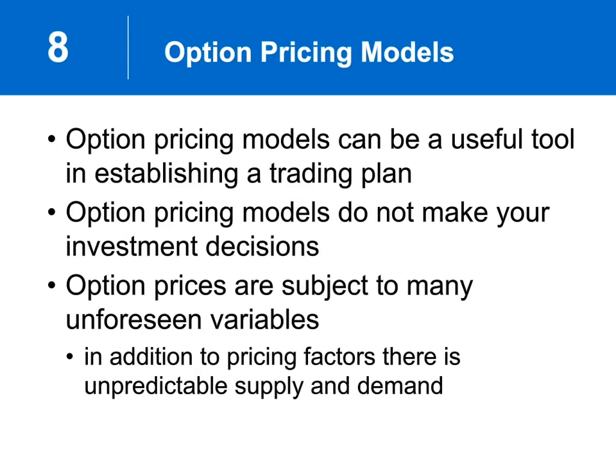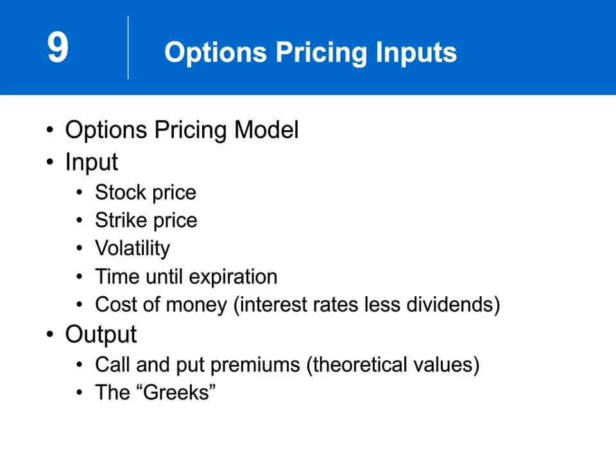The pricing models, and there are a number of them, go back to Black-Scholes in the early 70s, the binomial model in the late 70s, and of course there have been iterations of them throughout the years. The pricing models are wonderful tools to give us some basis for what drives option prices. But there are lots of factors that drive option prices, and the core of what drives the price are the inputs to the options model.